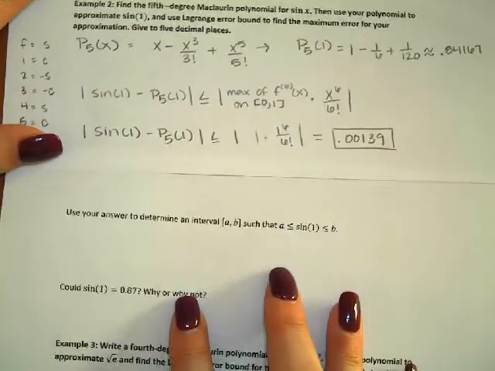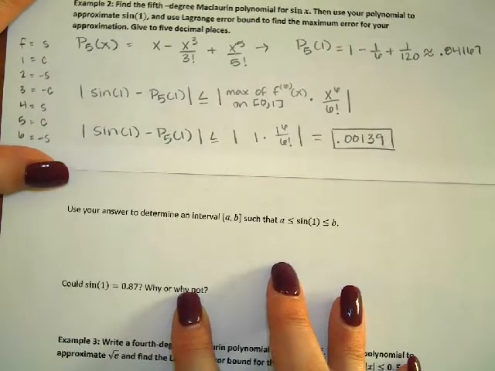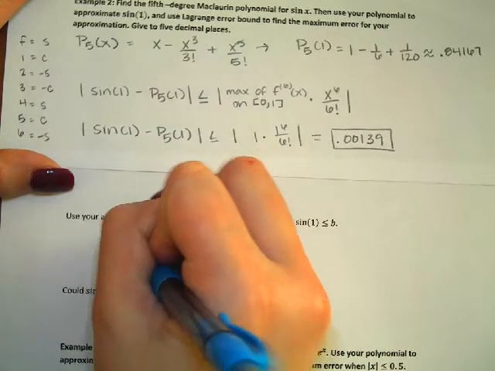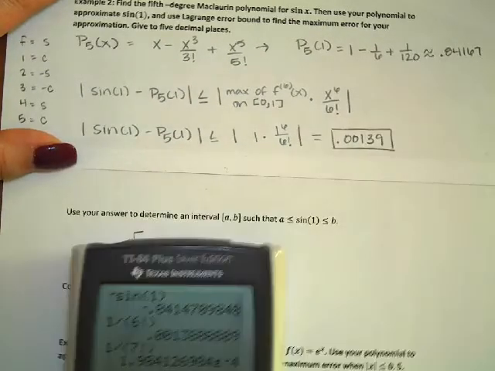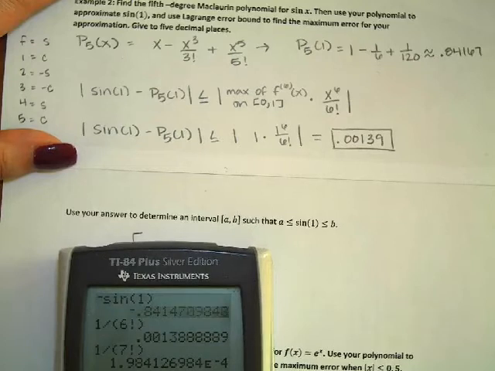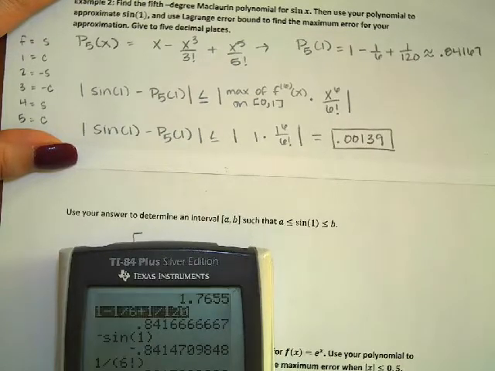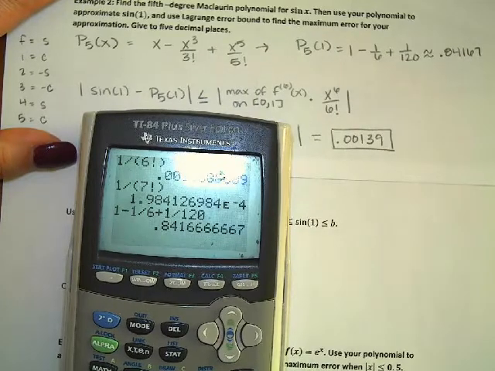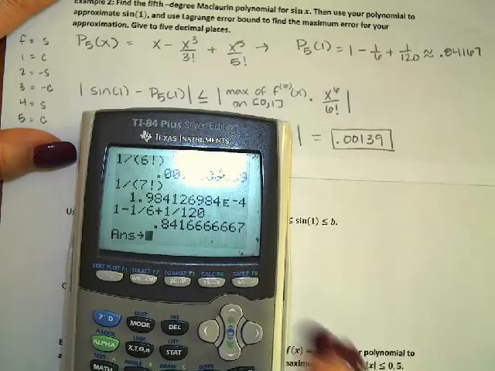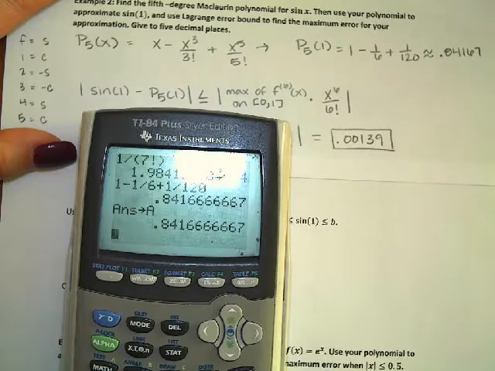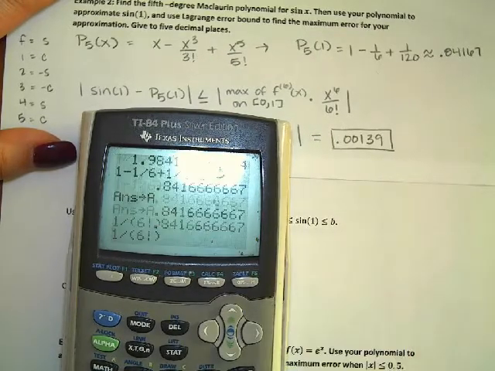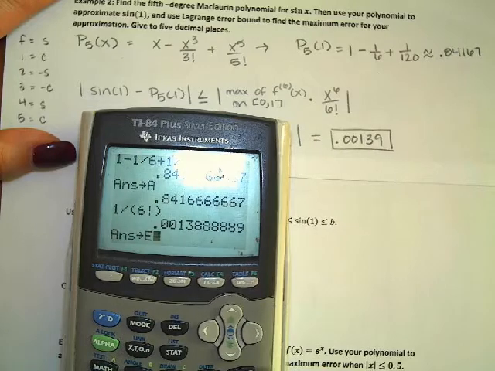So still referring to the same problem, use your answer to find an interval such that sine of 1 has to be on the interval. So what we're going to do is we have that original answer. I probably should have saved it. So I'm going to store this as my approximation, and then grab this and store it as my error.